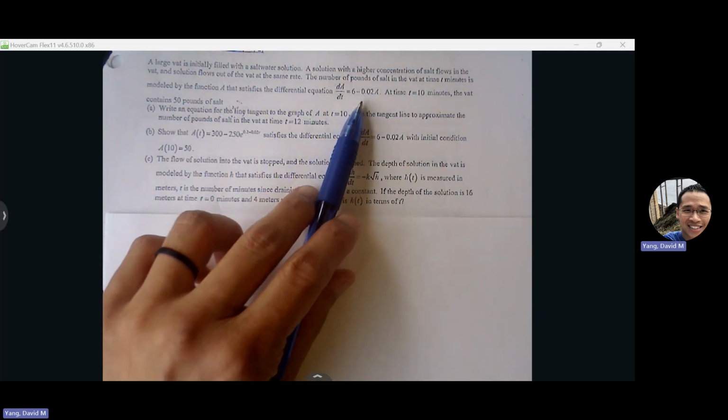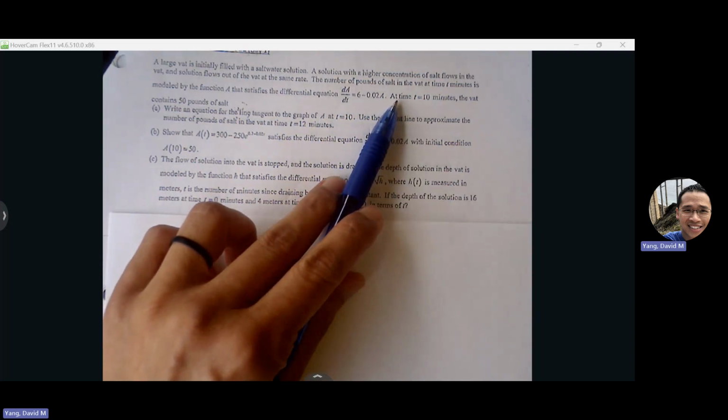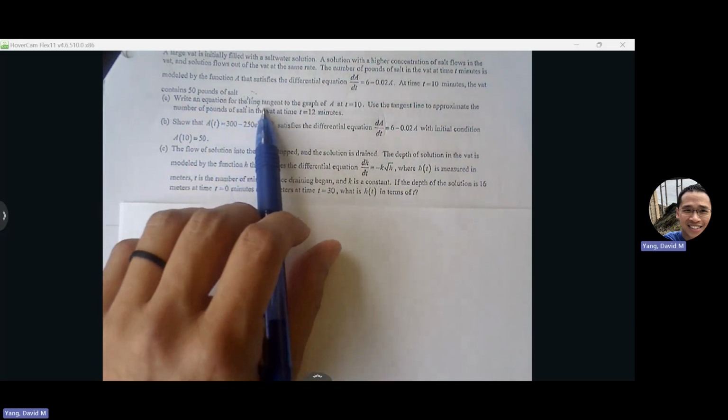A solution with a higher concentration of salt flows in the vat, and the solution flows out of the vat at the same rate. The number of pounds of salt is modeled by a differential equation, dA/dt equals 6 minus 0.02A. At time equals 10 minutes, the vat contains 50 pounds of salt. Write an equation for the line tangent to the graph of A at t equals 10.